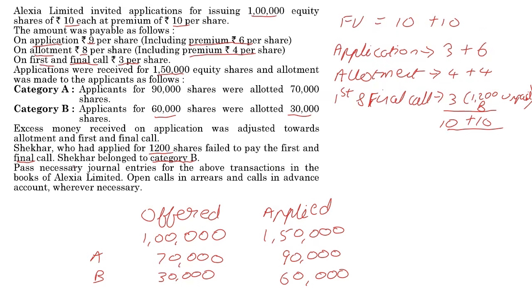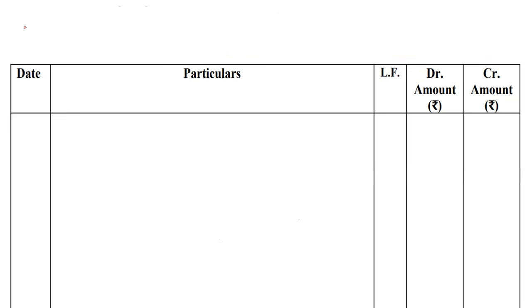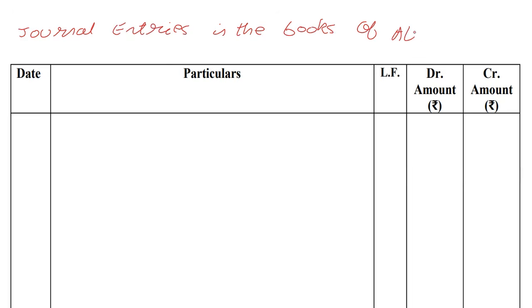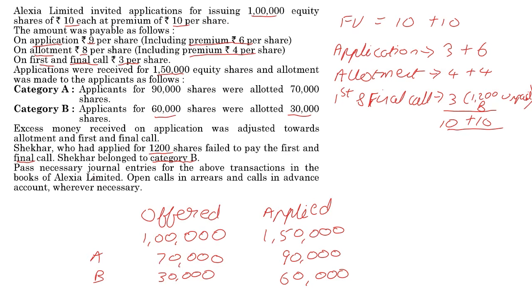Pass journal entries for the above transactions in the books of Alexia Limited. So first things first, journal entries in the books of Alexia Limited. Open calls in arrears and calls in advance, because when we are adjusting the excess money received at the time of application to allotment, we could very well have done it to first call and second call also, or to calls in advance.